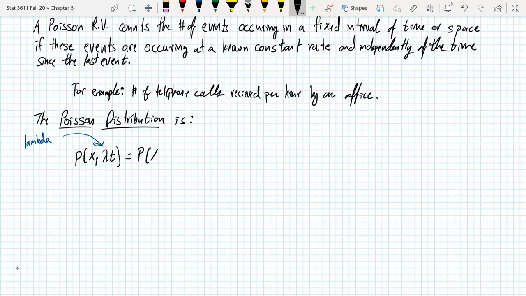So the probability of observing X values within a given time period is equal to e to the negative lambda T times lambda T to the X power divided by X factorial. This is good for X equaling 0, 1, 2, and on up, countably infinite.